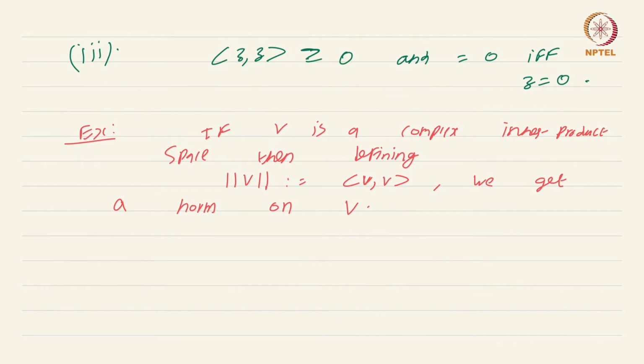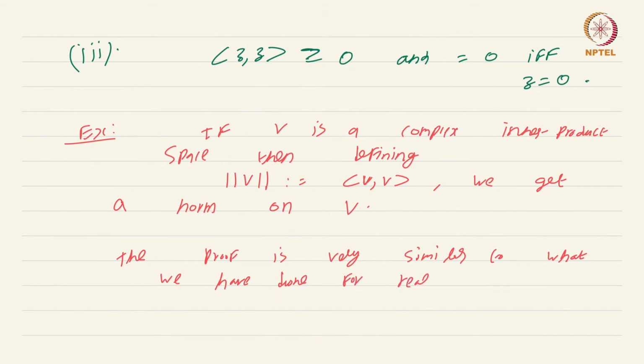This will involve proving things like the Cauchy-Schwarz inequality and all that for complex inner product spaces, and the proofs are very similar to what we have done for real inner product spaces. A little bit of twisting around needs to be done to take care of the conjugate linearity and conjugate symmetry, and it's not really that hard.